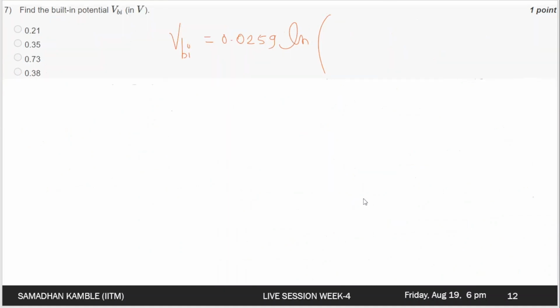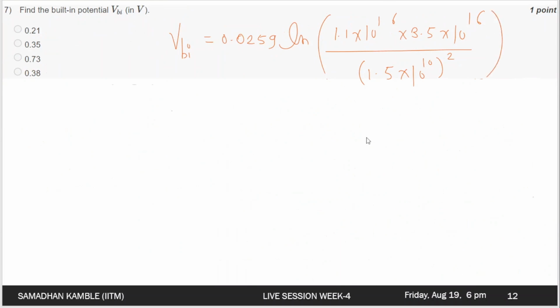You can directly substitute these values, divided by the intrinsic charge carrier concentration squared, that is 1.5 times 10 to the power 10 whole square.